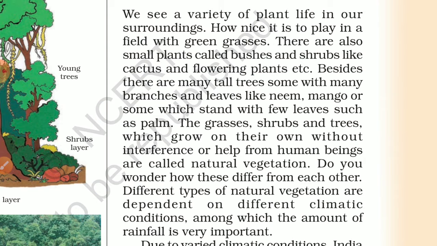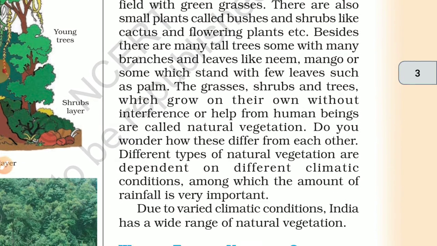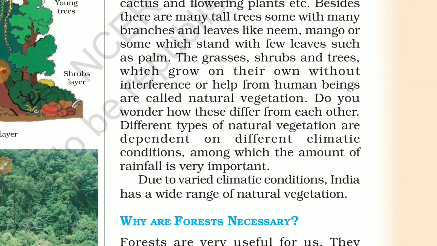So basically, these different kinds of plants are in different parts of the country. The grasses, shrubs, and trees which grow on their own without interference or help from human beings are called natural vegetation.